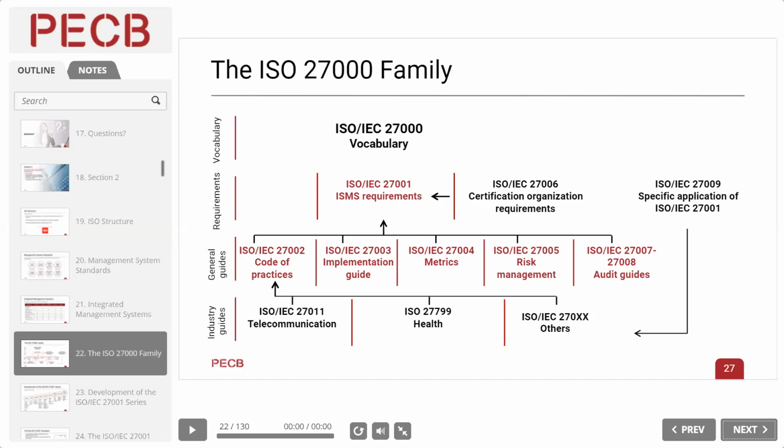Okay, and then at the bottom we have industry guides. Now the 27002 codes of practice, the controls that we find there are what we would describe as generic. I will explain it later on, but those are controls that the standard feels every organization needs if they are doing the associated activity.